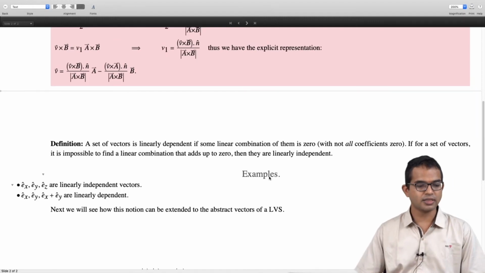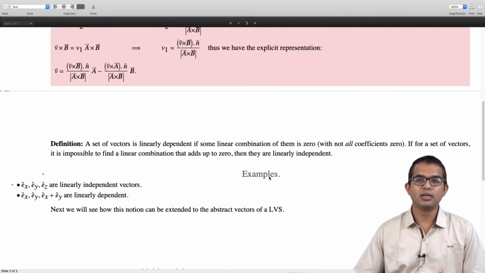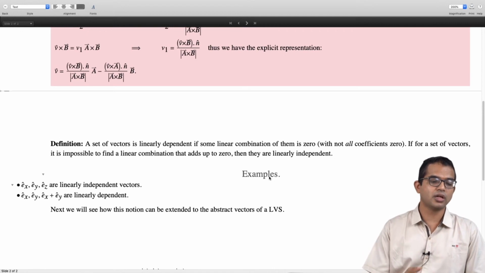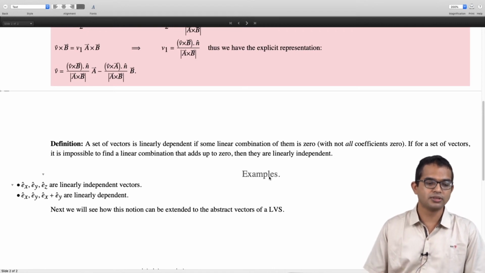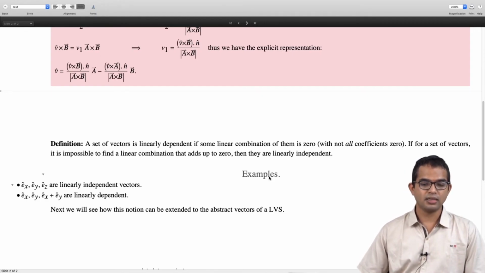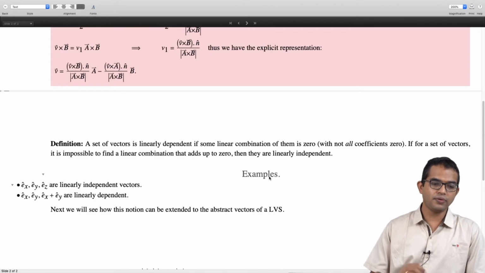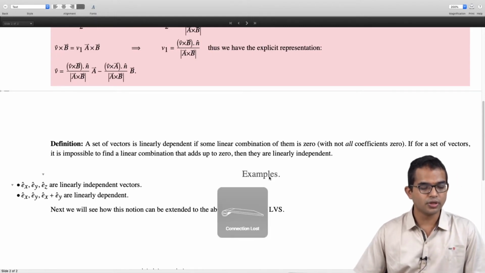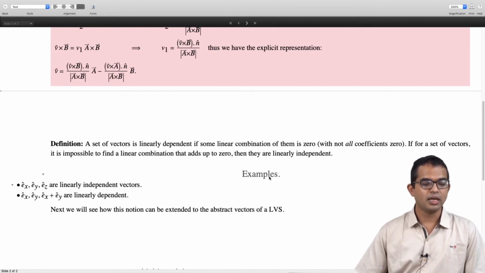So examples, this Ex, Ey and Ez are linearly independent vectors, right? So it's impossible to find a set of non-zero coefficients. You can of course take 0 times Ex plus 0 times Ey plus 0 times Ez equal to 0. That's possible.